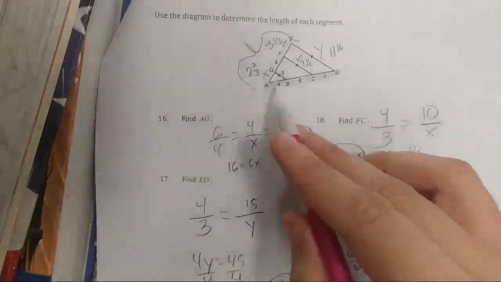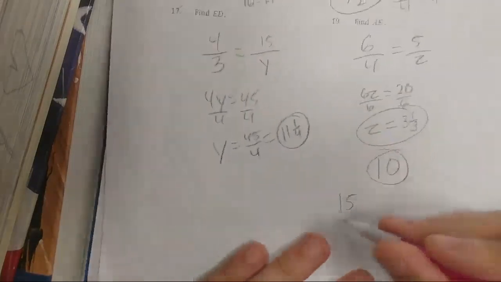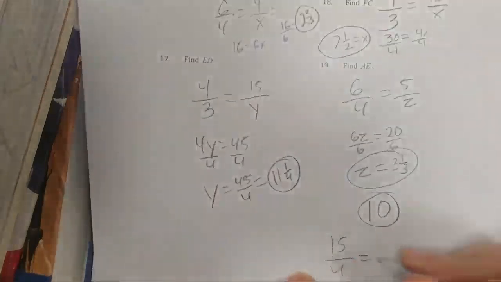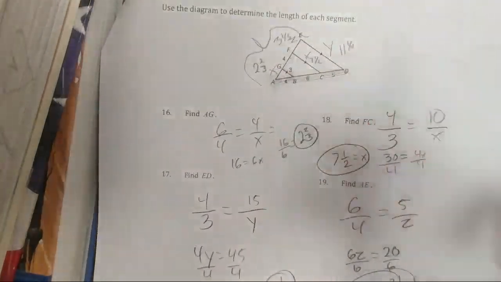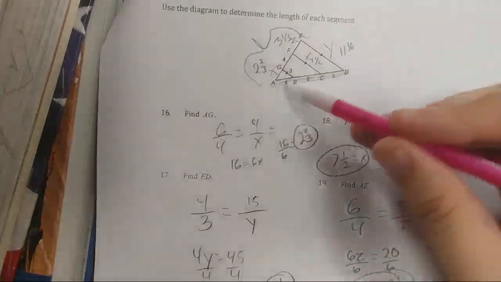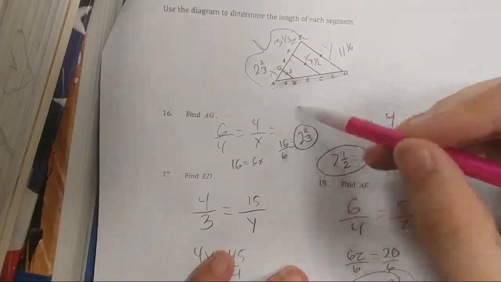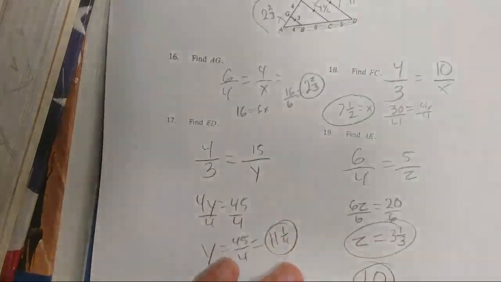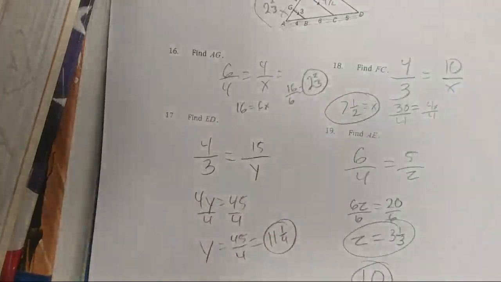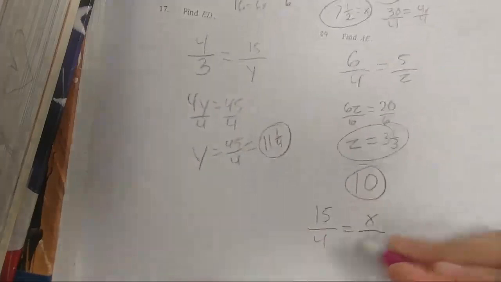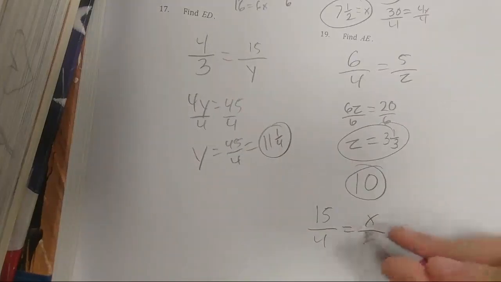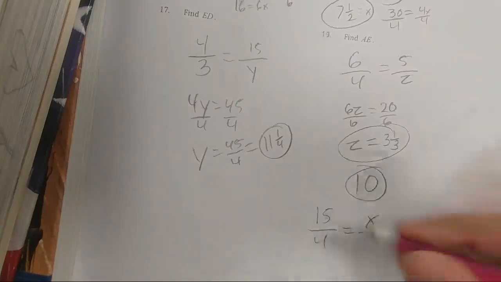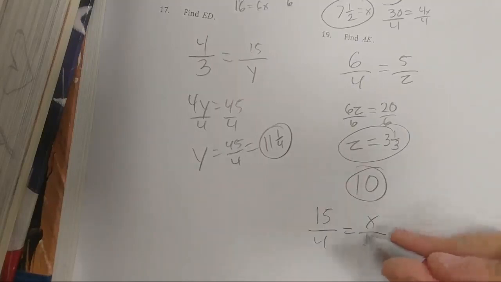So we're going to do 4 plus 5, that's 15 over 4, which should equal this whole thing, x, over what I found earlier, 2 and 2/3. Let me leave it as a fraction because it's easier to work with. 2 2/3 is 16 over 6, or I could reduce that by dividing by 2 to get 8 over 3.